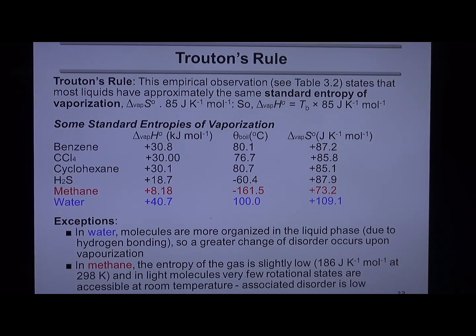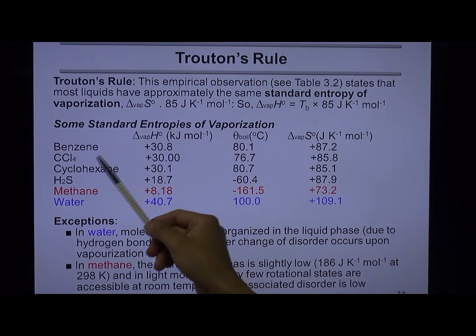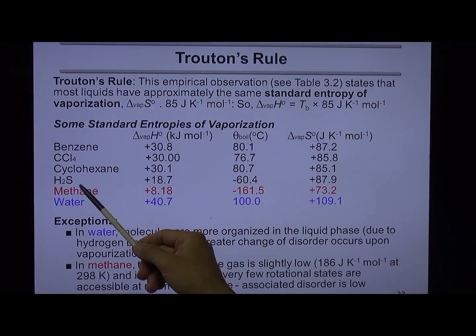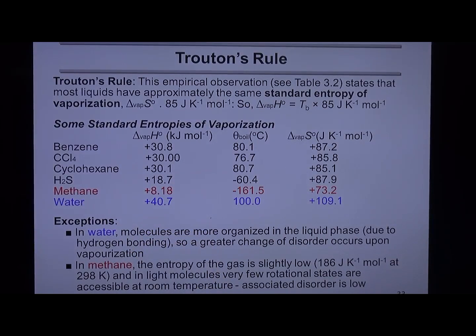On the other hand, for methane, entropy of gas is slightly lower than other materials. If you compare the chemical structures, benzene, tetrachlorocarbon, cyclohexane, hydrogen sulfide, methane is a very simple one, CH4.